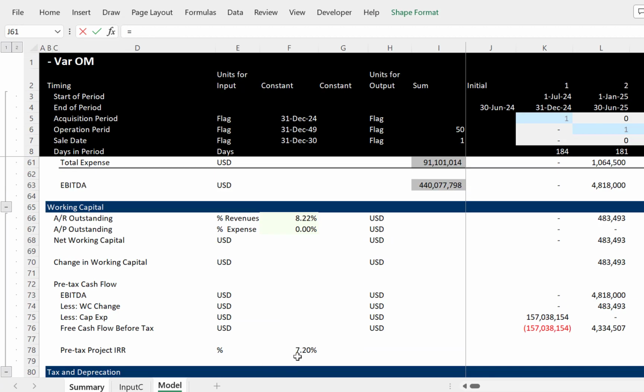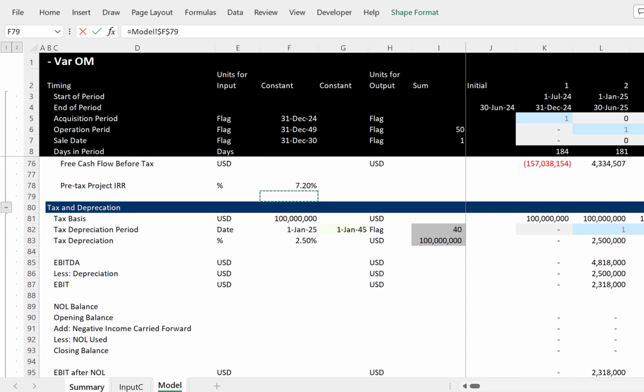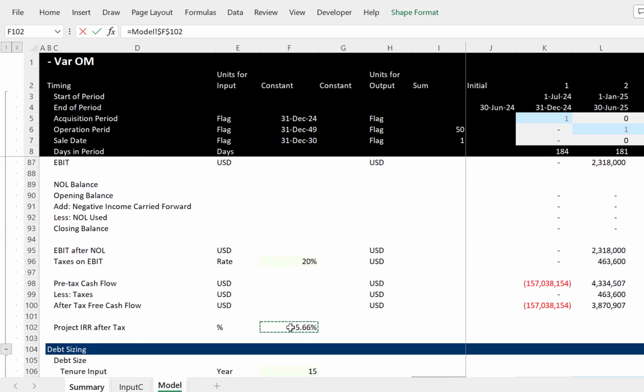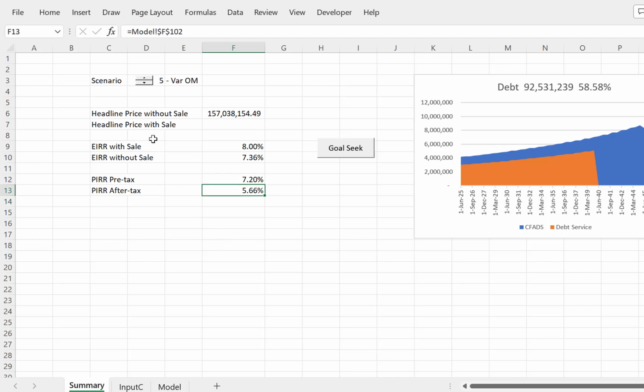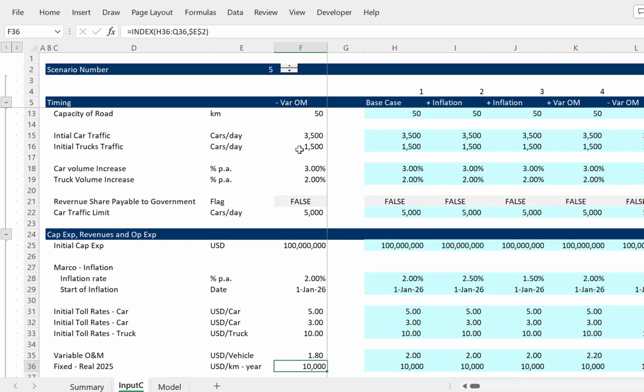So let's find this. Maybe I did that spinner box wrong. Maybe I didn't do what Tatiana told me to do. Okay, just a minute. Are we really on case 5? Yes, we are. And on case 5, do we really have a difference in a variable O&M?